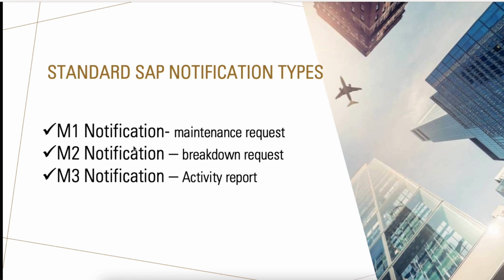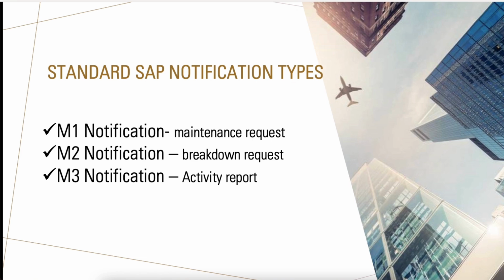All right. So when we are defining notification types, it is usually based on the business requirements. You could go to your workplace, open up your notification and check the types of notification you have, and you realize that you have more than 3 notification types.